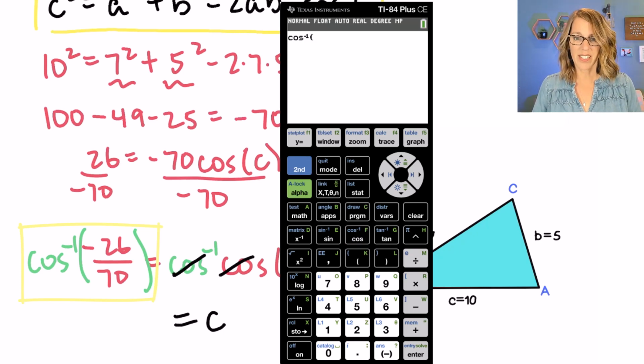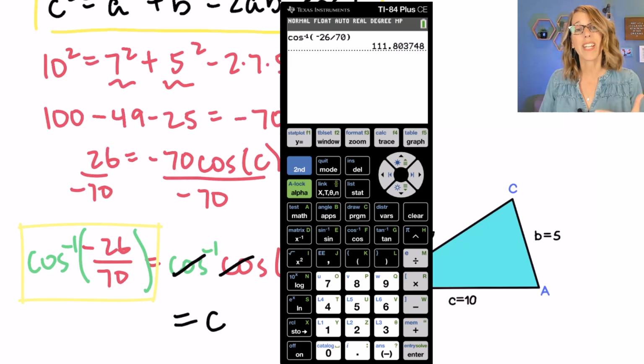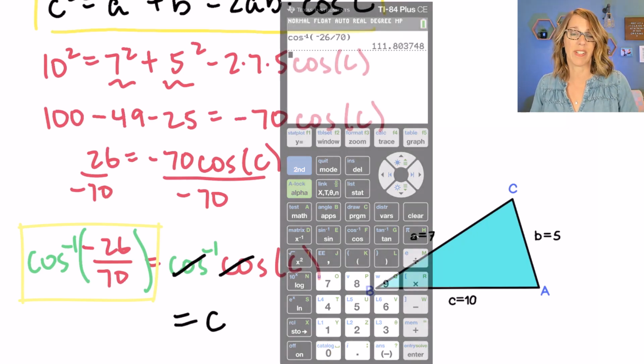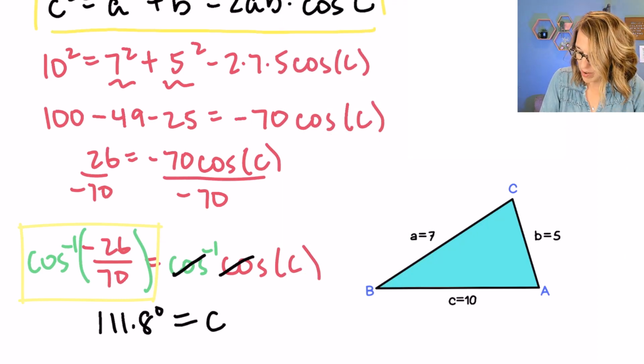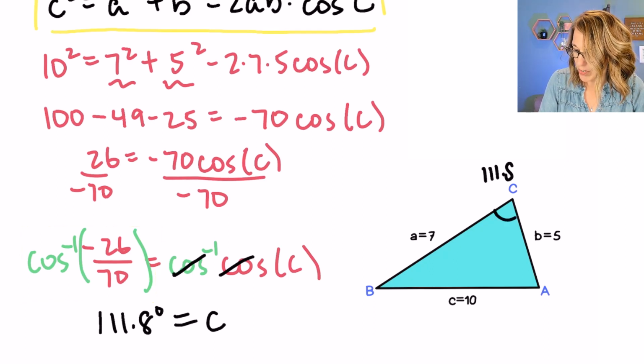Inside those parentheses, I want the little negative down at the bottom, so negative 26 divided by 70, and that cosine inverse is 111.8 degrees approximately. So now we've got our angle C, and that's 111.8 degrees. So angle C is done, 111.8 degrees.